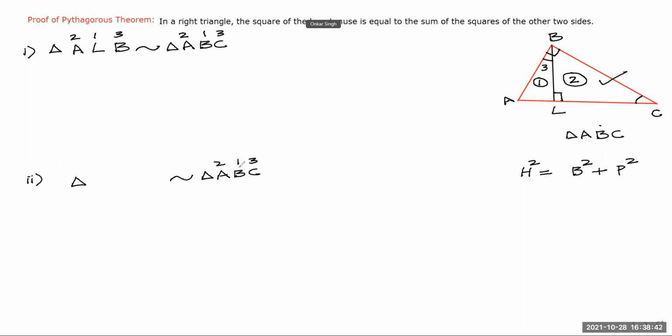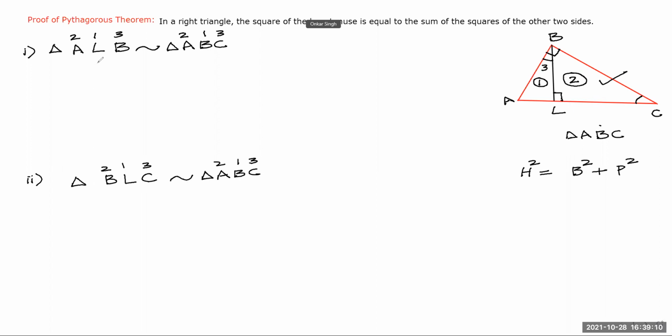The second angle is B, because in this triangle C is the smallest. Obviously the 90 degree angle L is 1, so 2, 1, 3. Which is 3? C. Beautiful. So BLC is similar to ABC.